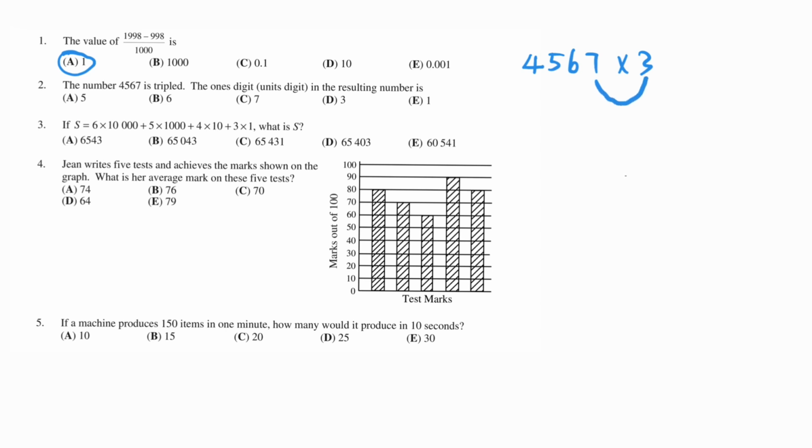So we don't need to multiply all of that. We just multiply 3 times 7, that's 21. So the ones digit will be 1, 2 will carry. So this is the answer 1. The answer is E.